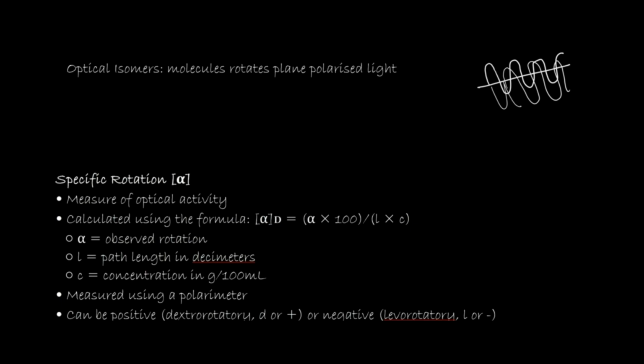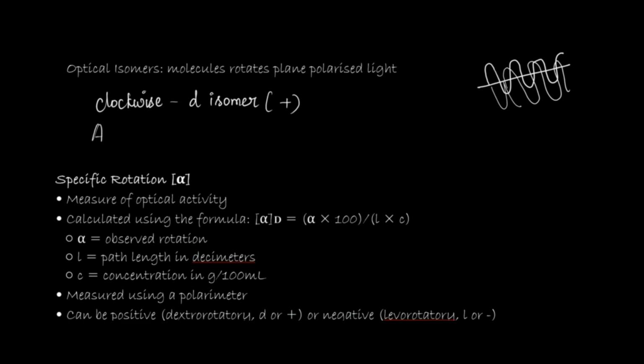So if an isomer exhibits optical isomerism, it can rotate the plane polarized light either clockwise or anti-clockwise. If it rotates clockwise, that is called the d-isomer, also denoted by a plus symbol.